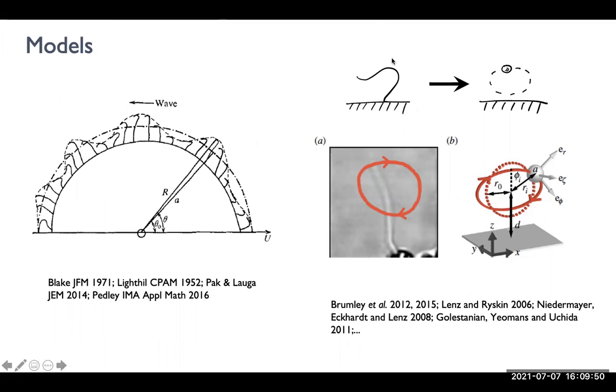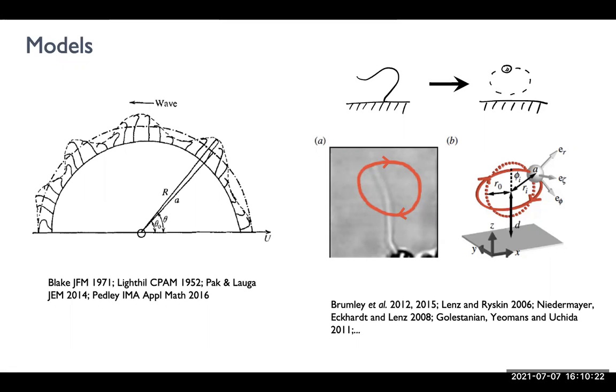So we replace one of our beating filaments with a bead that moves along a nearly, or in some cases, circular path. You can see this illustrated here with an image from an experiment of a flagellum, and the model they use to represent the bead's motion along this prescribed path.